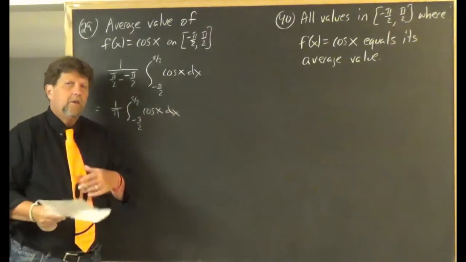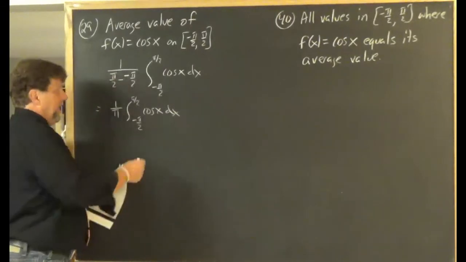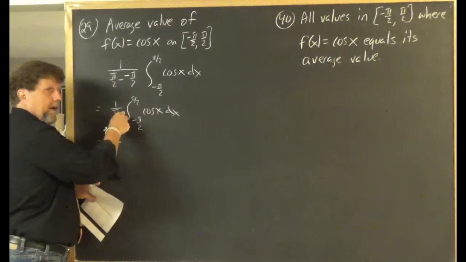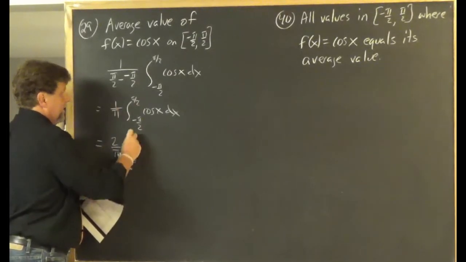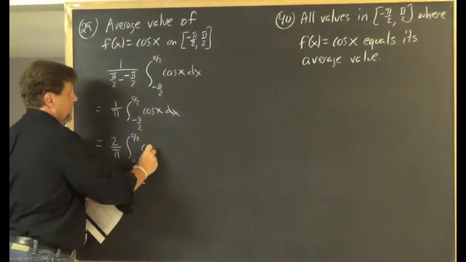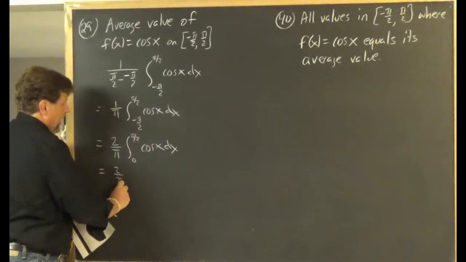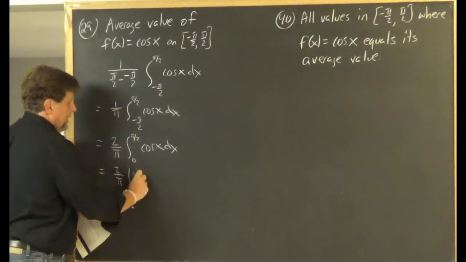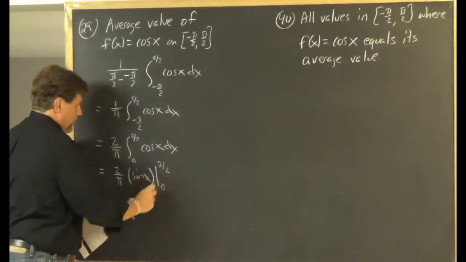And now I'm going to make use of the fact that cosine is an even function, and so I'm going to rewrite this. I'm going to pull a 2 out front. 1 over pi times 2 is 2 over pi, and just integrate from 0 to pi over 2. So we get 2 over pi, antiderivative of cosine is sine x, evaluated from 0 to pi over 2.